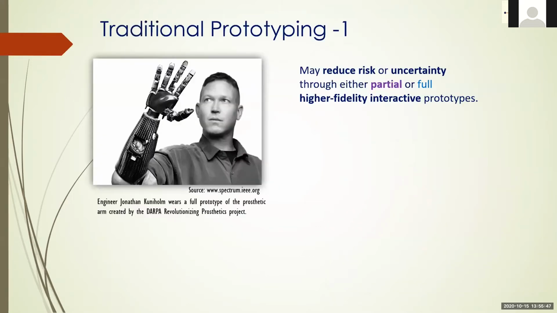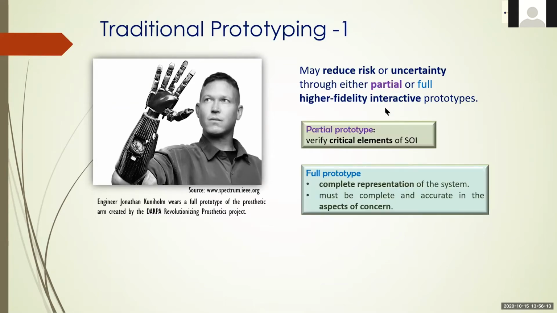Now, on the traditional prototyping, you might want to use it to reduce risk or uncertainty, okay? And we can use two types, the partial or the full prototype. Again, those types of prototyping use higher fidelity and they are interactive, okay? Now, on the partial, as we were saying before, you just focus on certain critical elements.